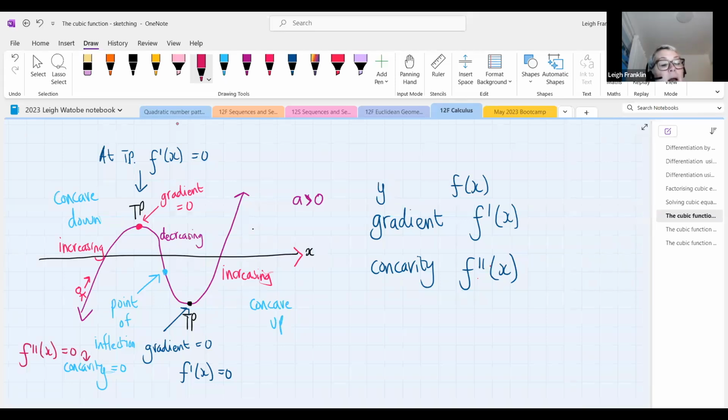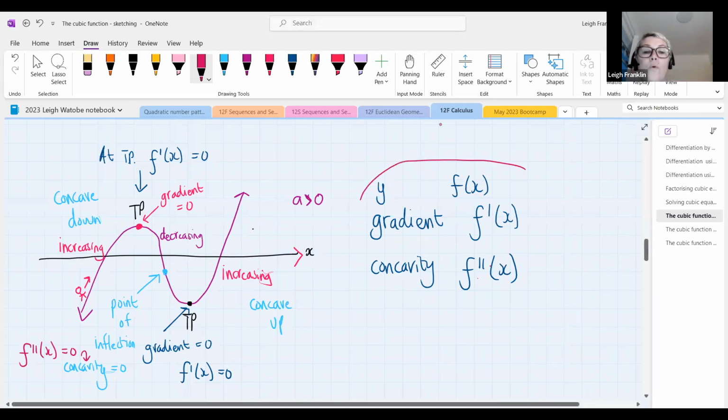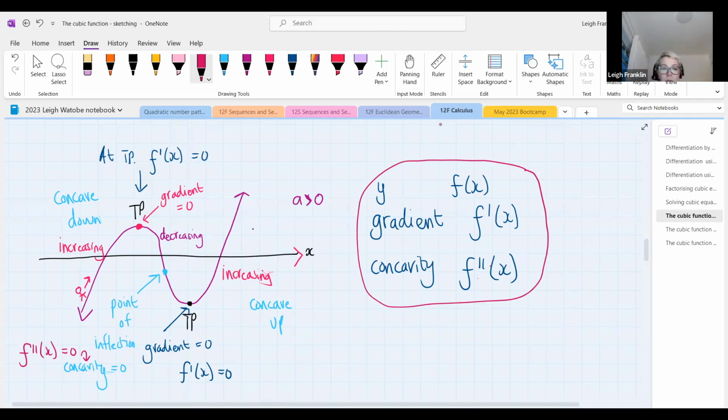So f double prime x equals 0 at my point of inflection, where my concavity is equal to 0. Good. I can see you guys have been doing this at school, so that's making sense to us. All right, so we understand all of the symbols and terminology that we use.